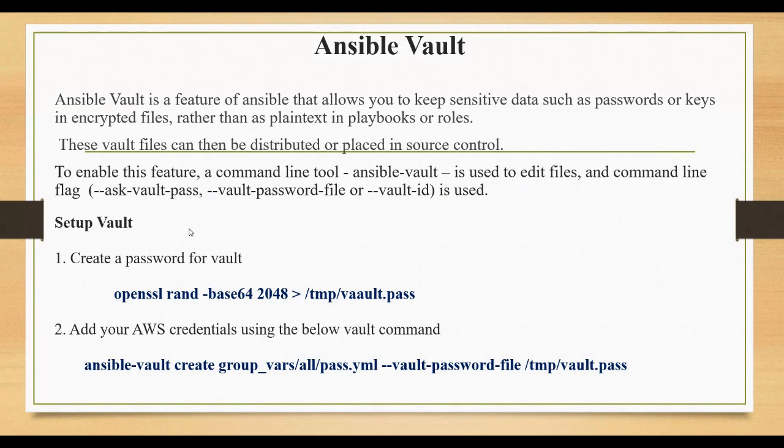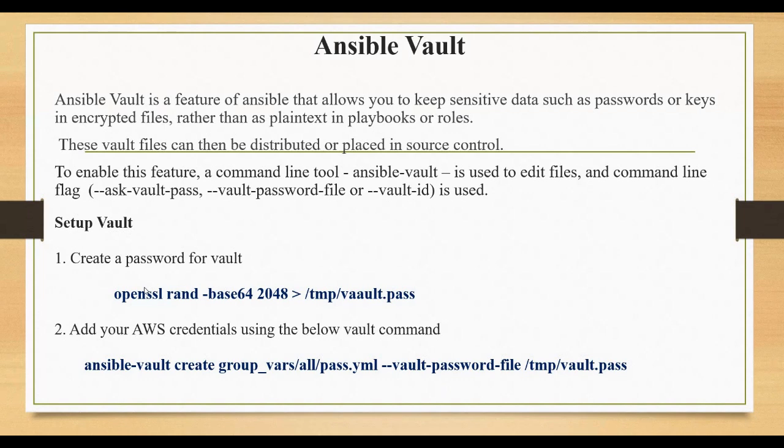That is Ansible Vault. Ansible Vault is a feature of Ansible that allows you to keep sensitive data such as passwords or keys in encrypted files rather than as plain text in playbooks or roles. These vault files can be distributed or placed in source control. To enable this feature, the command line tool ansible-vault is used to edit or create files, and a command line flag, --vault-password-file, is used.